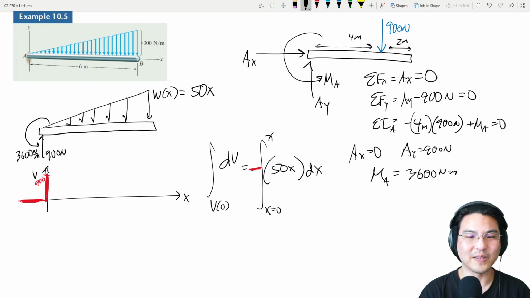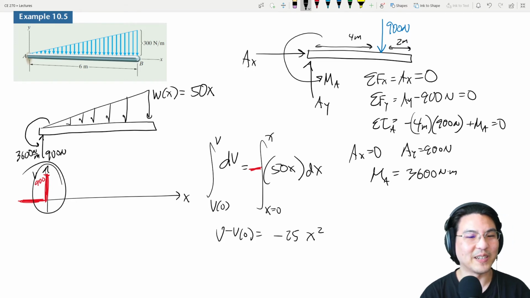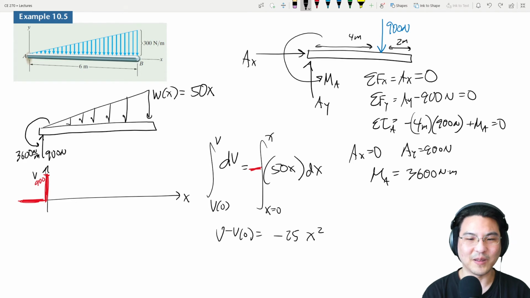So this is V at 0 to some other V. So what do we have? Minus 50x squared over 2. Let me just write that as 25x squared. And what was V at 0? 900. So let me just put that number in there.